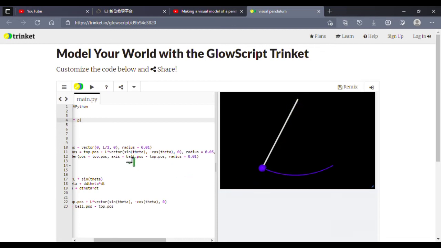So it expands from the position of the top to the position of the ball, and its radius is 0.01.